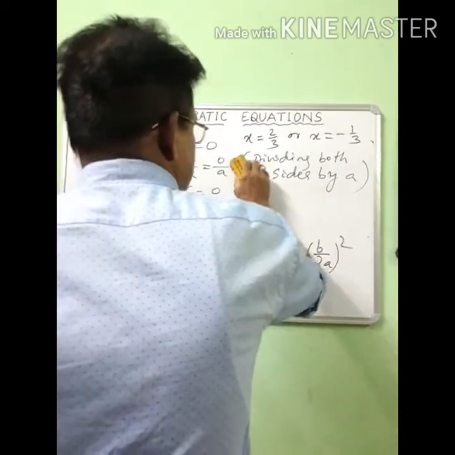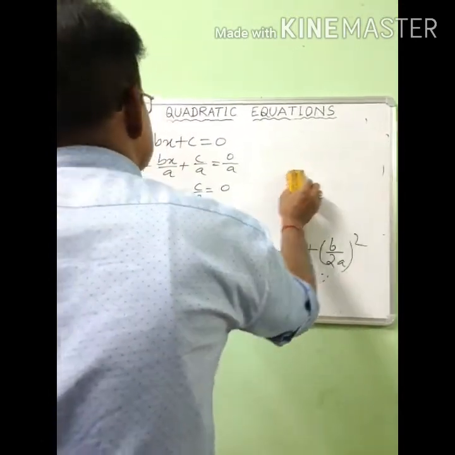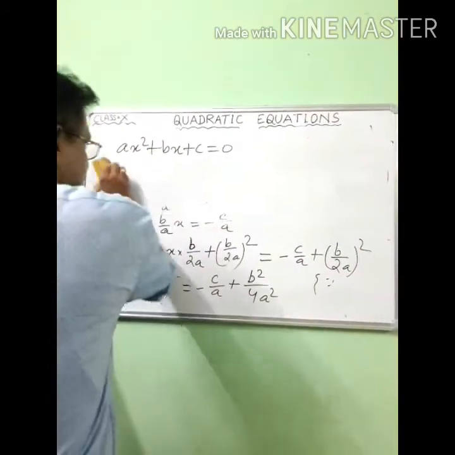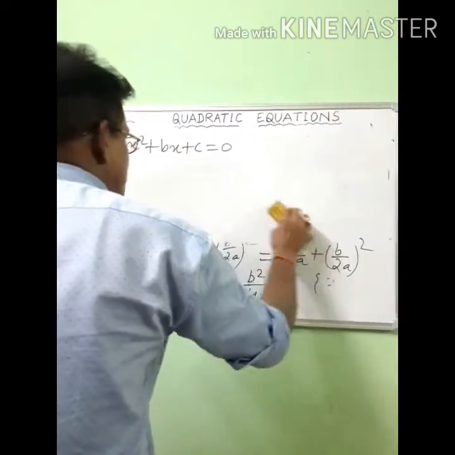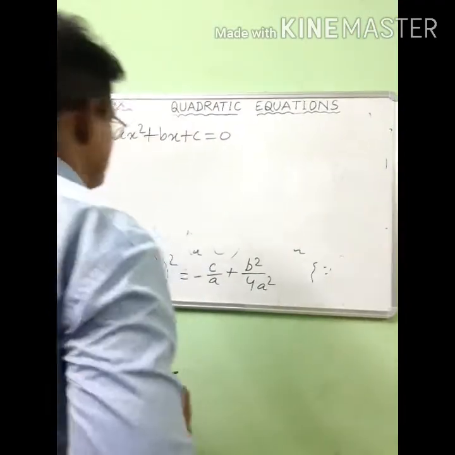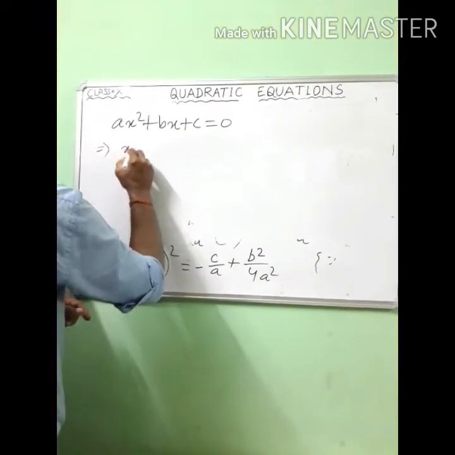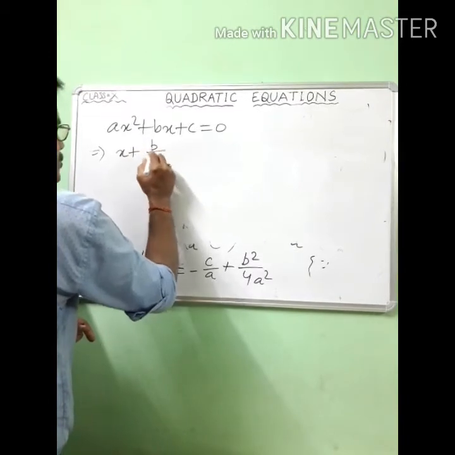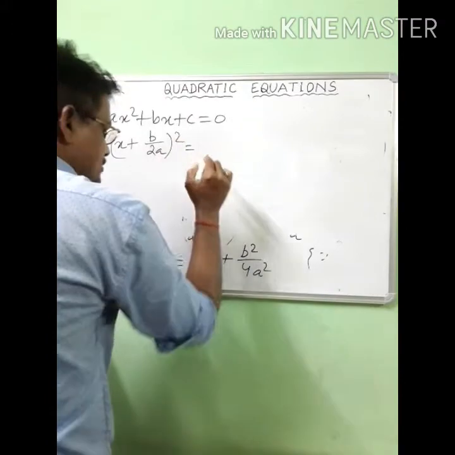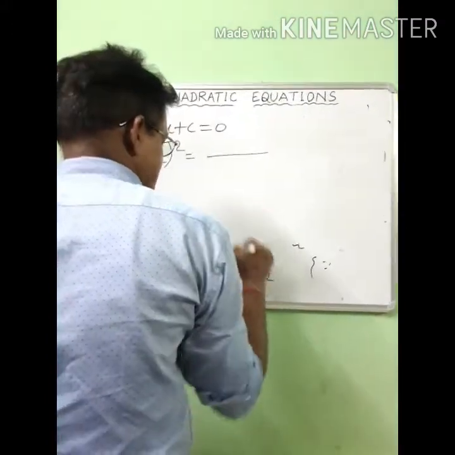So let us write. This implies x plus b by 2a whole square is equal to, let us take the LCM. So the LCM is 4a square.